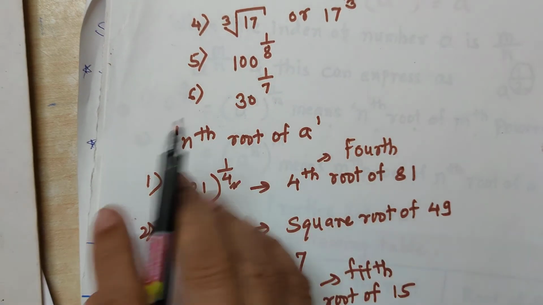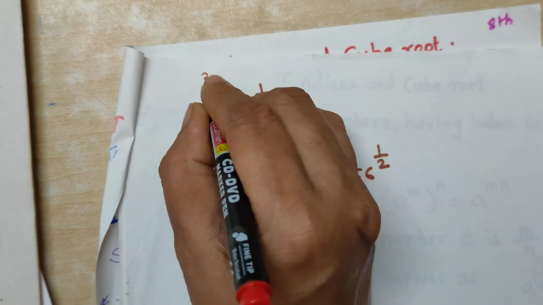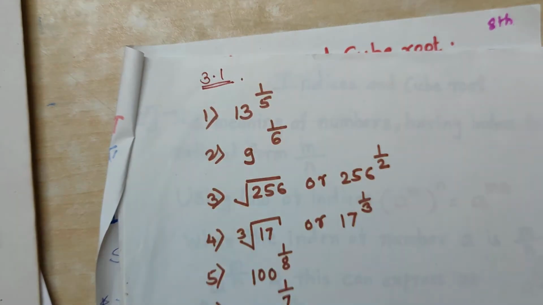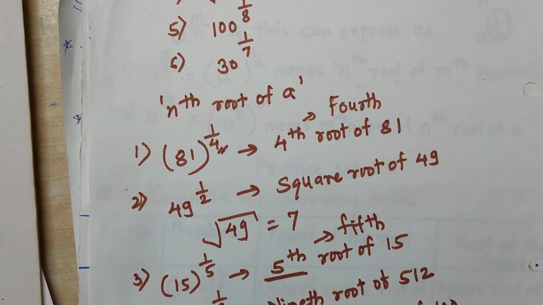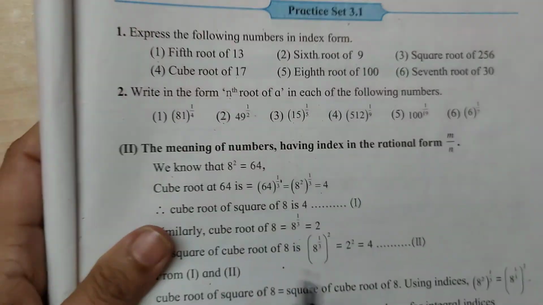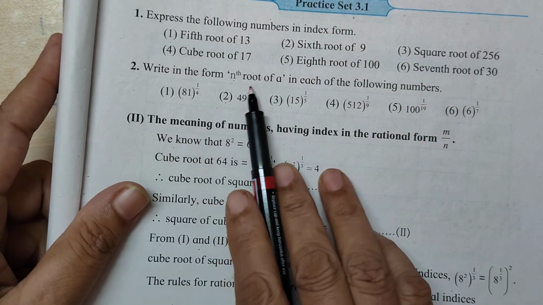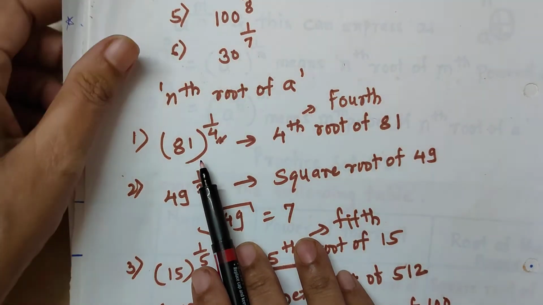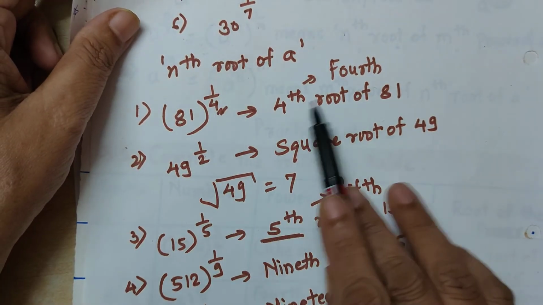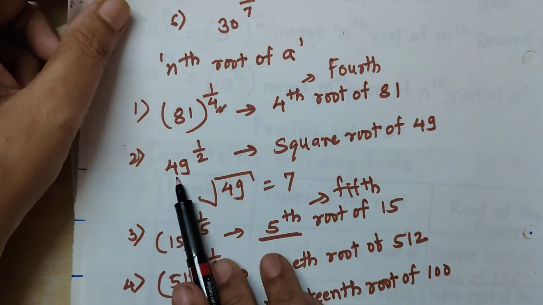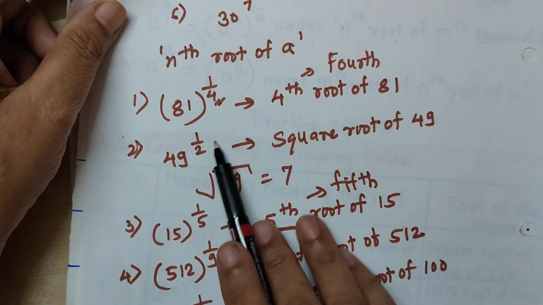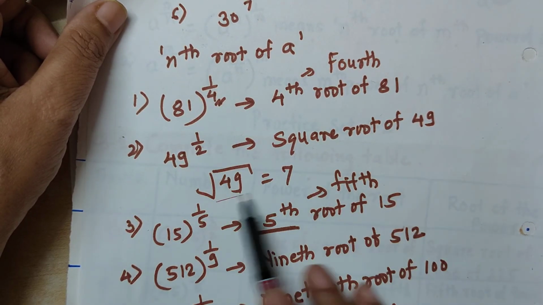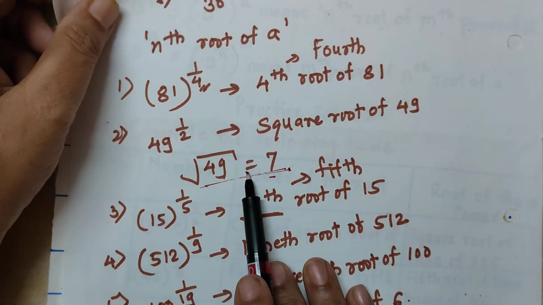This is practice set 3.1. The question is to write in the form nth root of a each of the following numbers. See here 81 raised to 1 by 4, 4th root of 81. Cube root, square root of 41. We can write it this way.